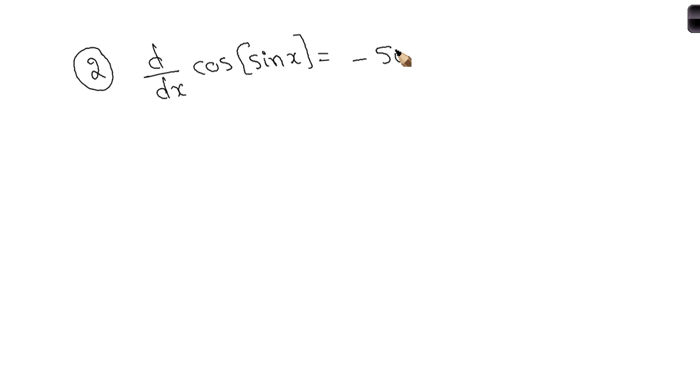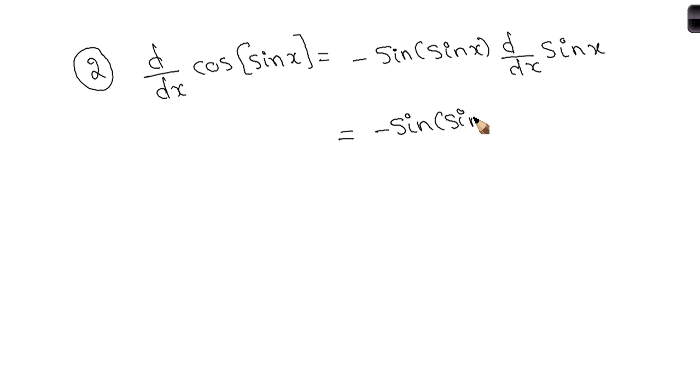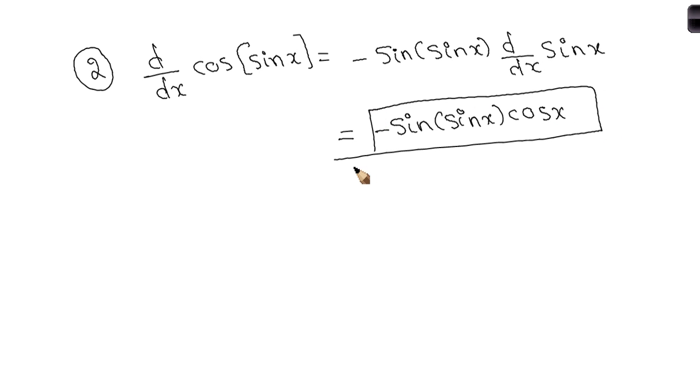Minus sine of sin x into derivative of sin x. Very good. So sin x derivative would be cos x. So the answer would be minus sine of sin x into cos x. This would be the derivative of cos of sin x.